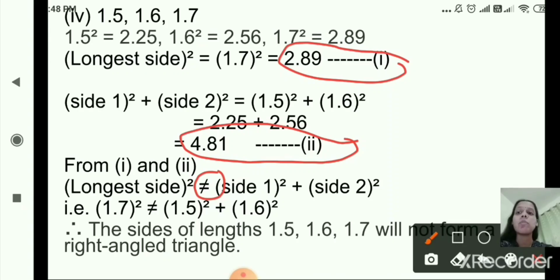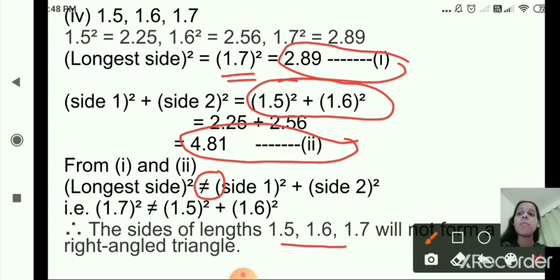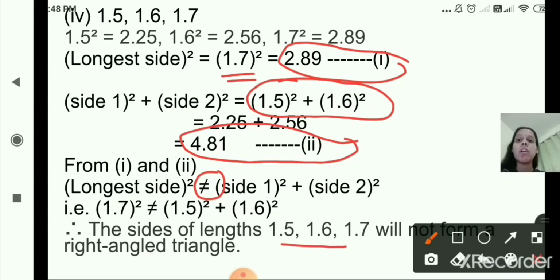That is, 1.7 square is not equal to 1.5 square plus 1.6 square. Therefore, what is the final statement? Therefore, the sides of lengths 1.5, 1.6, 1.7, which are given in the question, will not form a right angle triangle.